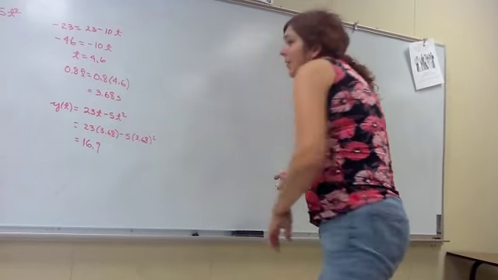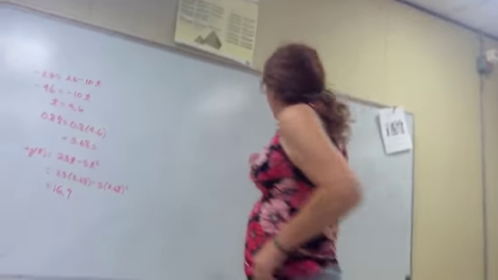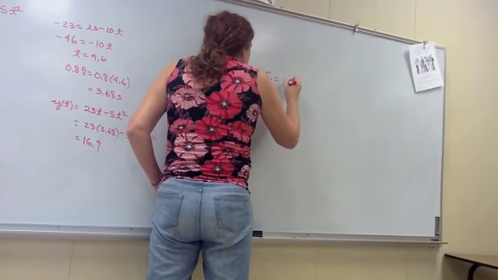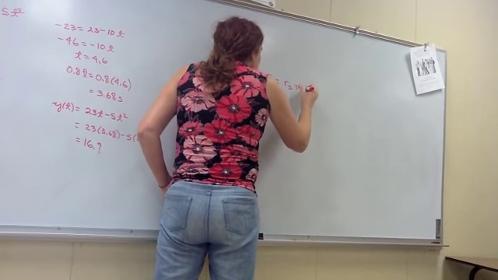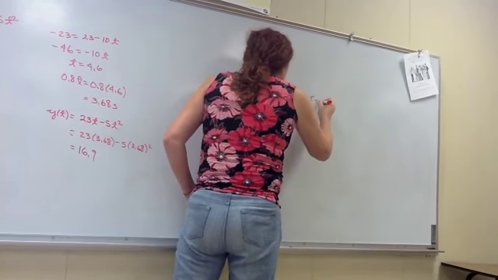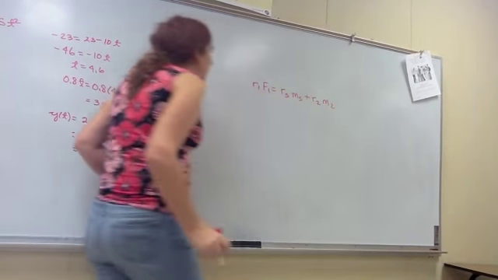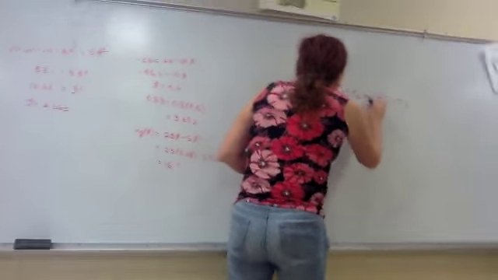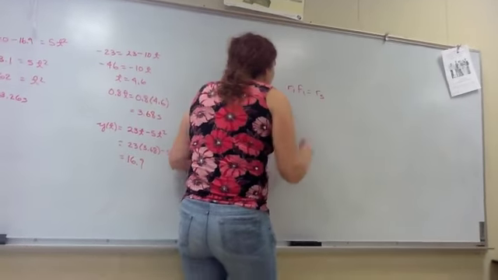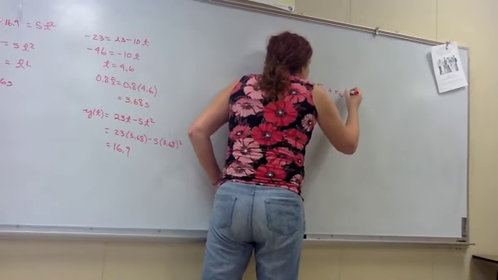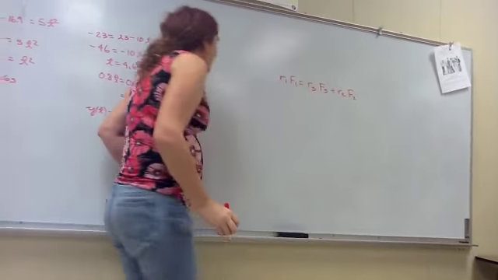We can write out our expression now. On the one side, we have R1, F1. On the other side, we have RS, MS, where the S stands for the stick, plus R2, M2. Actually, I skipped a step here, and it's not correct as I've written it. That should be the force from the stick and the force due to mass 2.